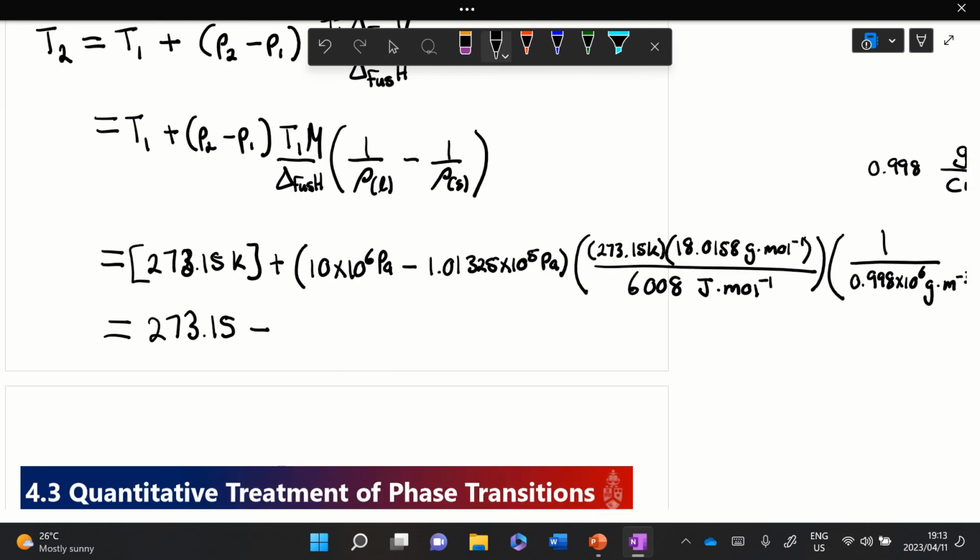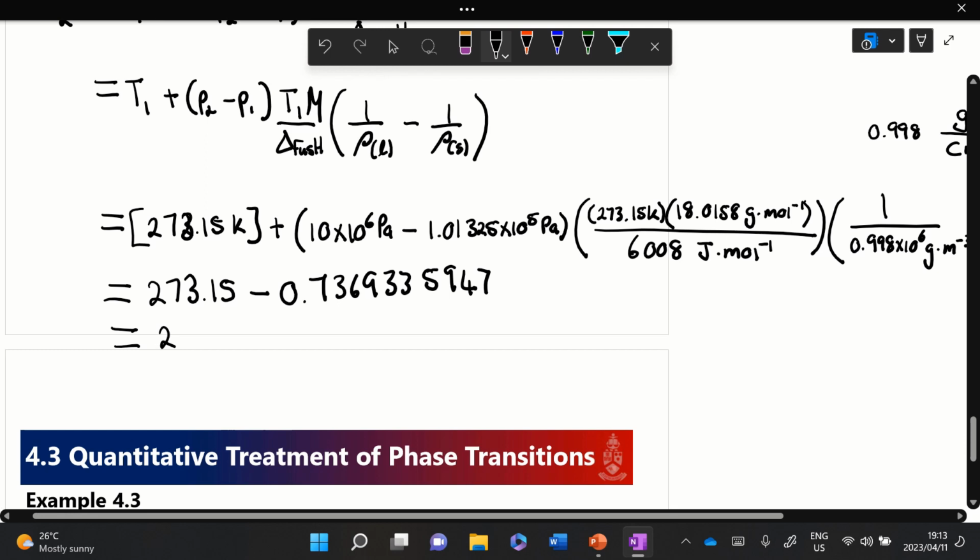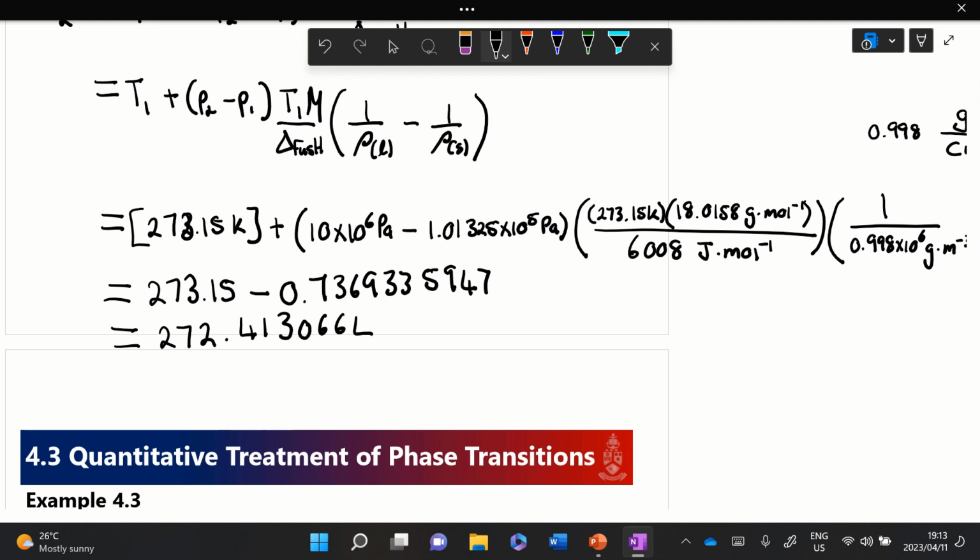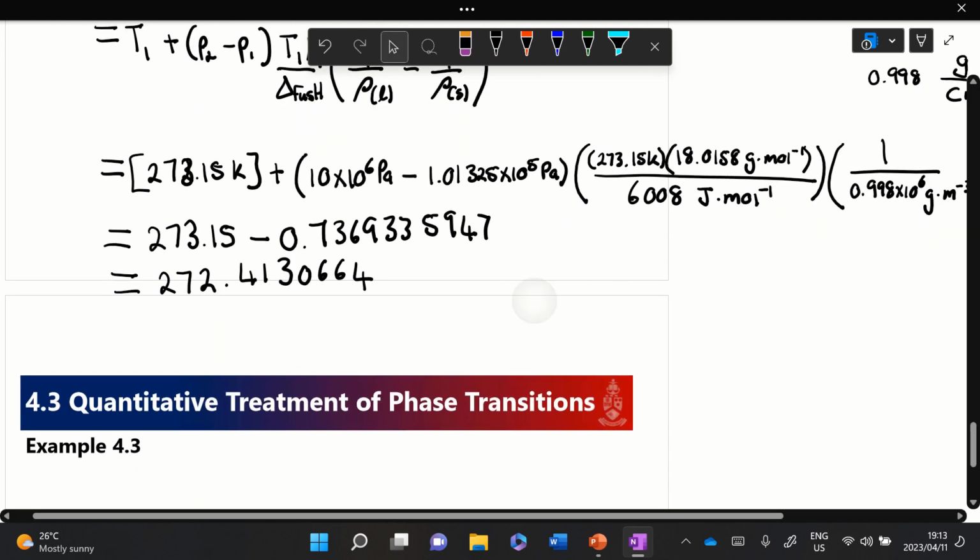So this works out as 7369335.947, which is then 272.4130664 Kelvin, of course.